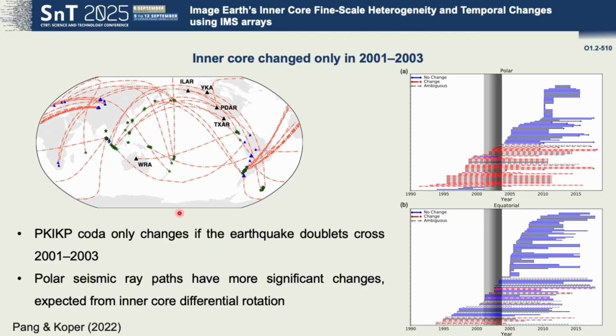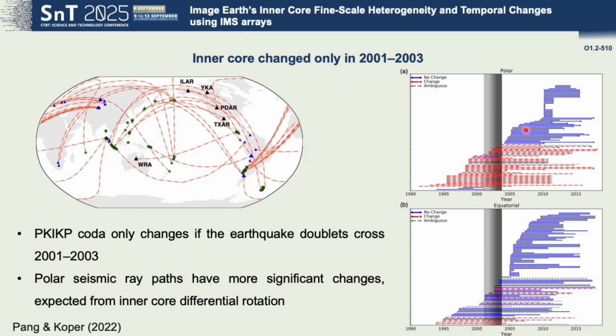When looking globally, the picture becomes clearer. Each line in the right-hand plot represents a doublet, with red indicating PKP-IKP change and blue indicating no change in PKP-IKP coda. Panel A shows the polar ray paths, and panel B shows the equatorial ones.